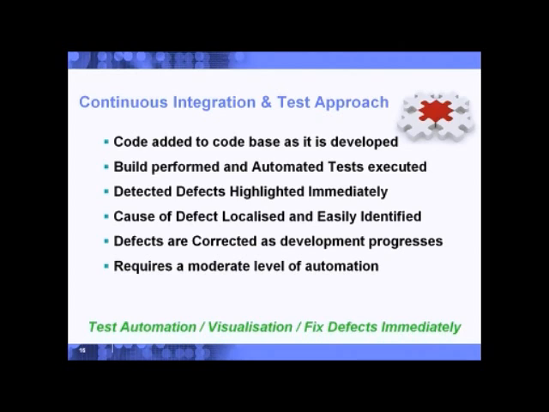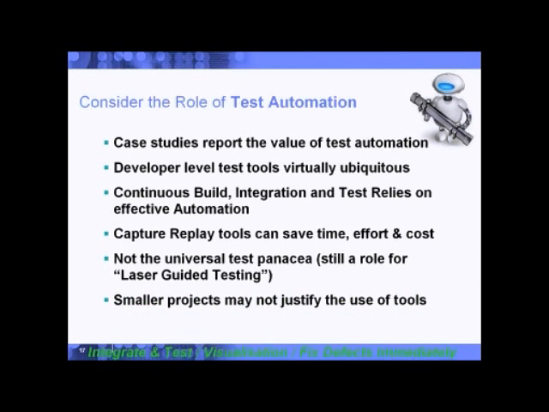As we said already, it will require some moderation, some level of automation, whether it be just supporting the build process, but also potentially in a kind of fully realized version of this, automated tests being run as well. There are some great roles for clever, novel visualization of problems in this approach, and we'll come back to those in a slide or two's time.